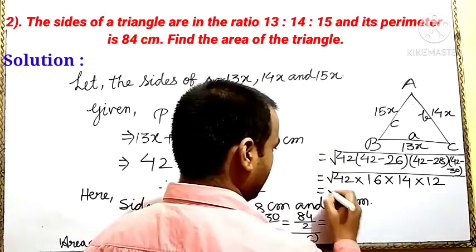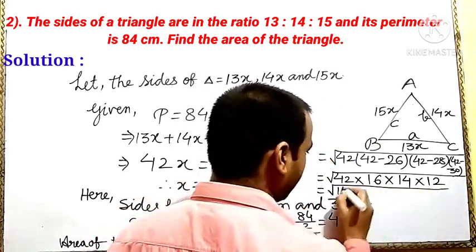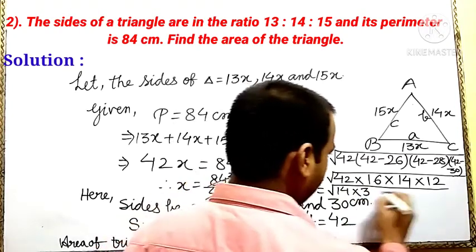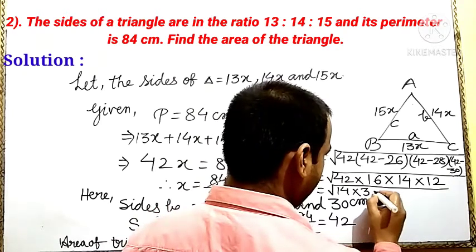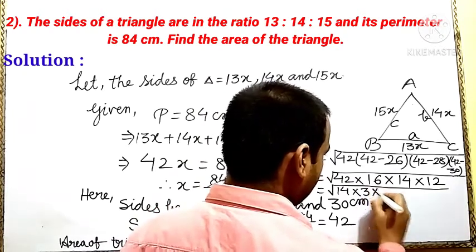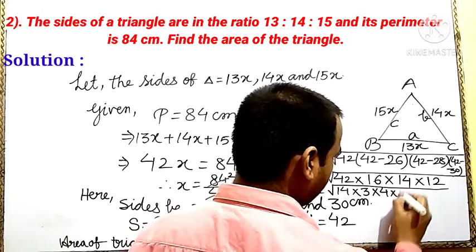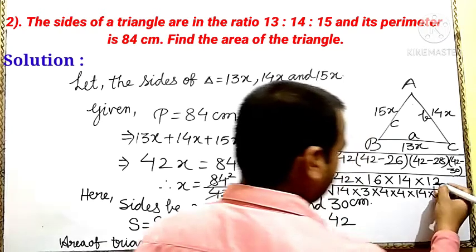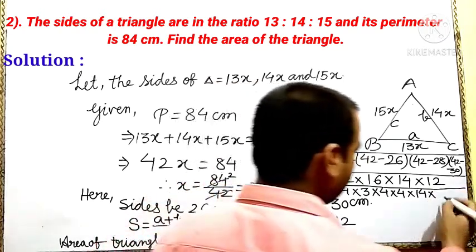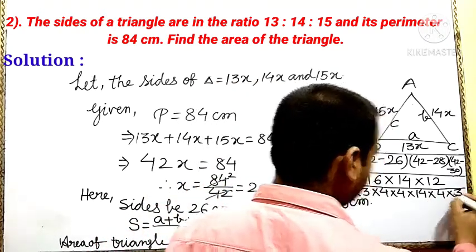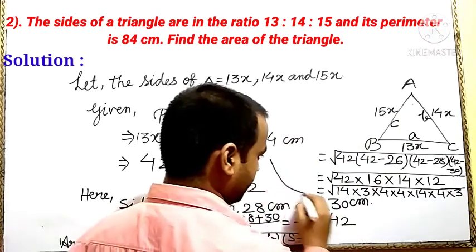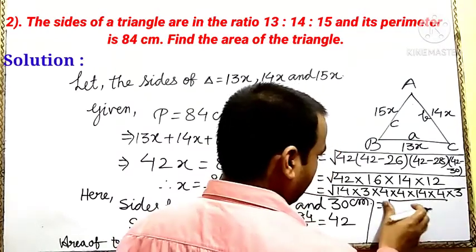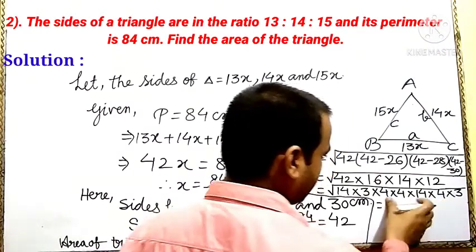42 we write 14 into 3, into 16, that is 4 into 4, 14 as usual, and 12 we write 4 into 3. Is it clear? All these numbers are under a square root.